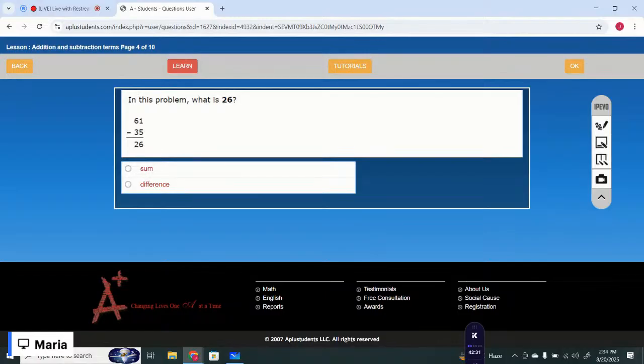In this problem, what is 26? 26 is the difference between 61 and 30.